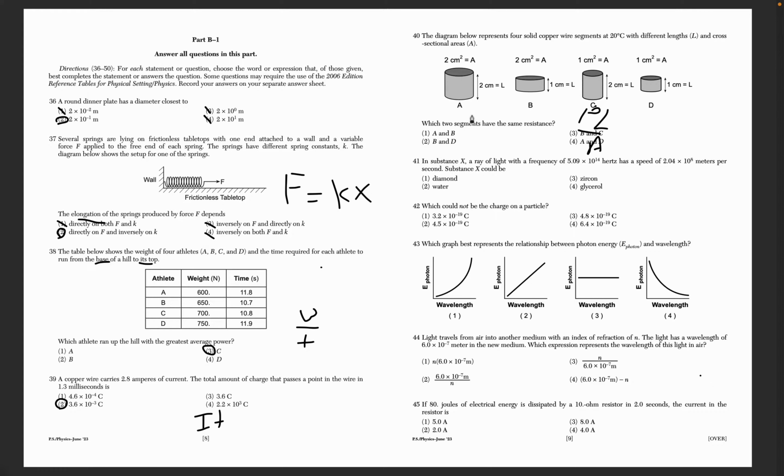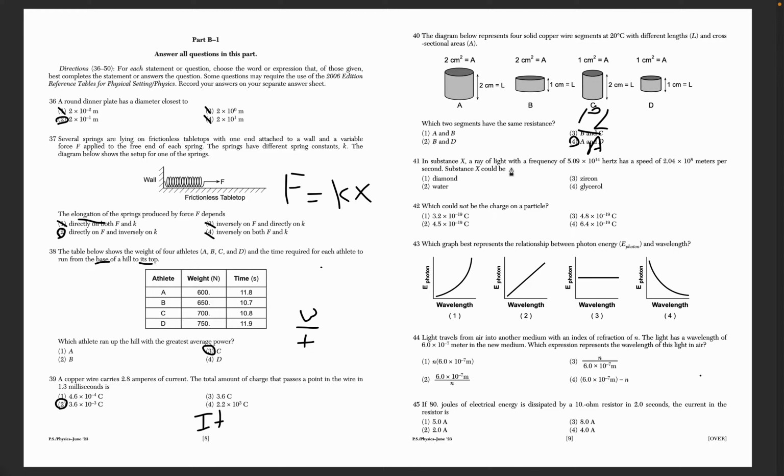So A and D have to match. So it's choice 4. 2 and 1, this will be 1/2, and then this will be 2. Yeah, so it's only A and D.